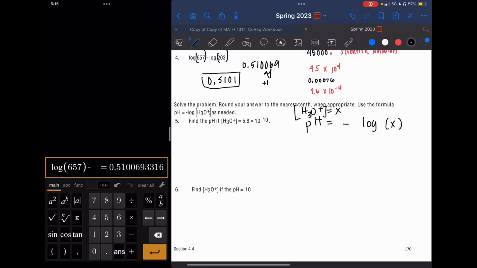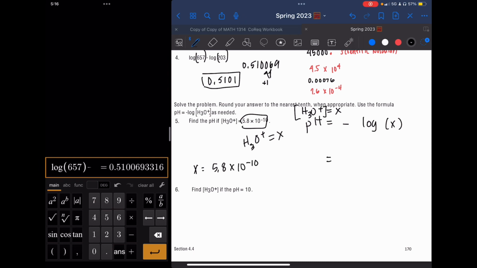In number 5, it says find the pH if H3O equals 5.8 times 10 to the negative 10. This whole thing right here is H3O, which is also X. So we're substituting this whole thing in for X. We want to say X is equal to 5.8 times 10 to the negative 10.